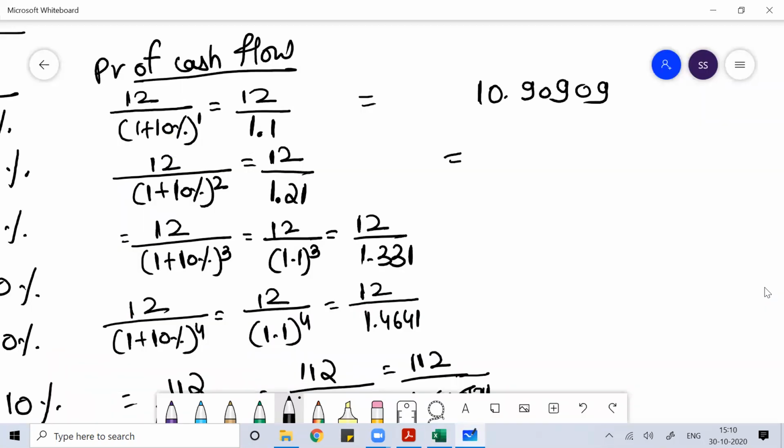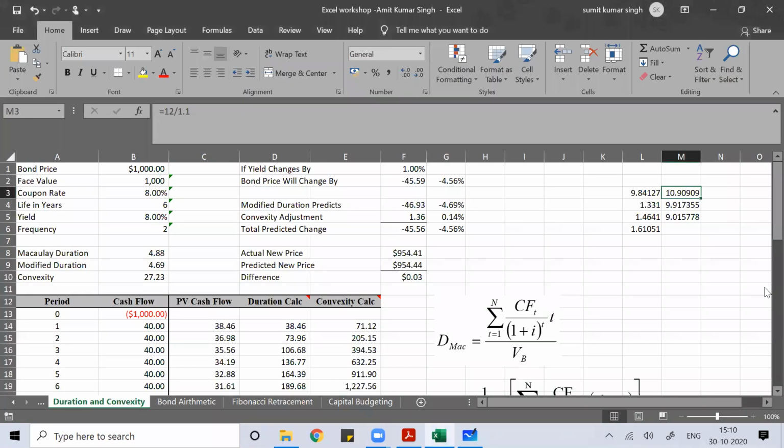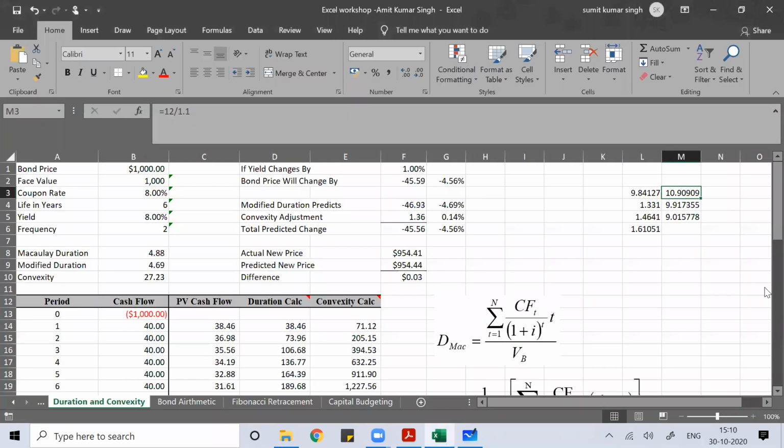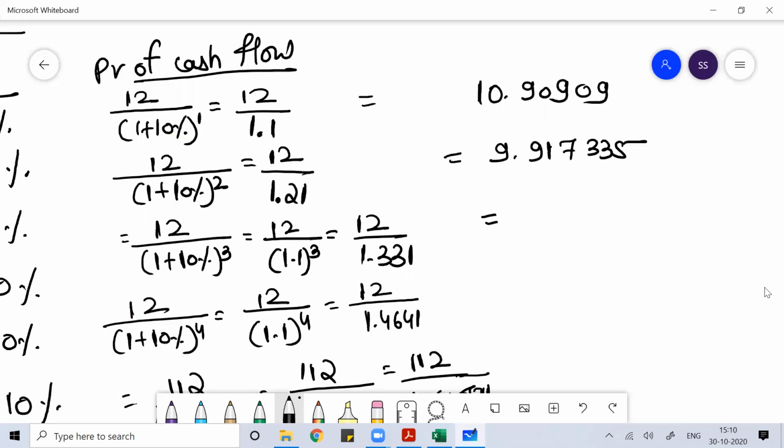Then again this is divided by 1.1, that is 9.917335. Then it is divided again by 1.1, and that is 9.015778.